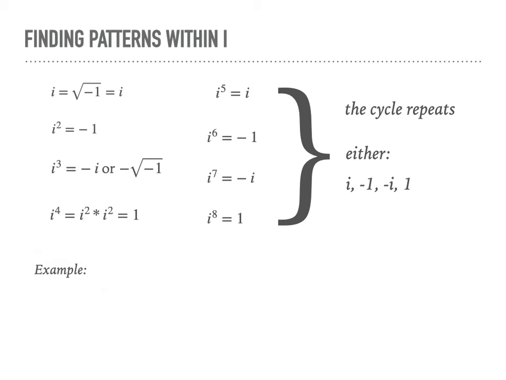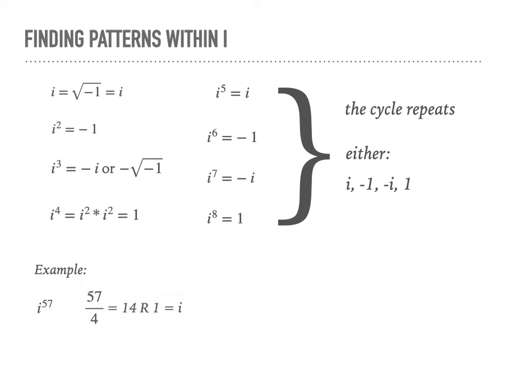Let's say we have to find what i to the power of 57 is equivalent to. Well, as we know, the cycle repeats every 4 times. What we can do is divide 57 by 4 to see exactly how many times this cycle is repeating. And we get 14 remainder 1.